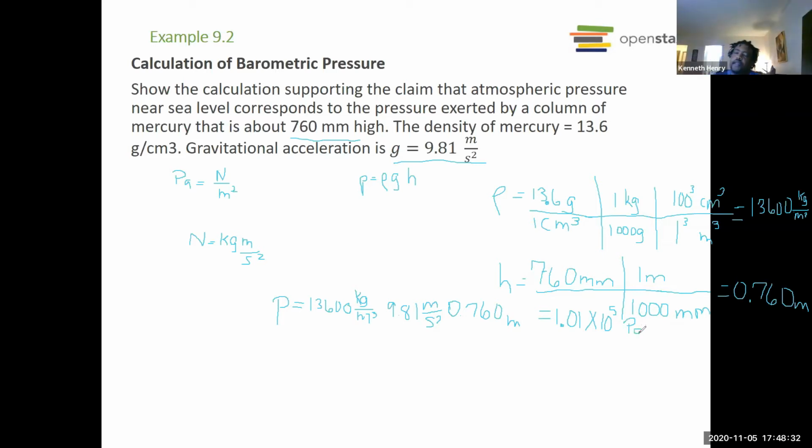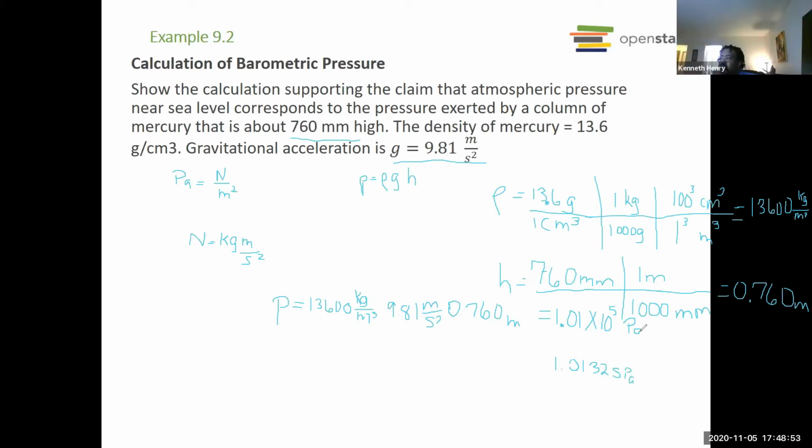Okay. And how many pascals does one atmosphere equal? One atmosphere equals 101,325.